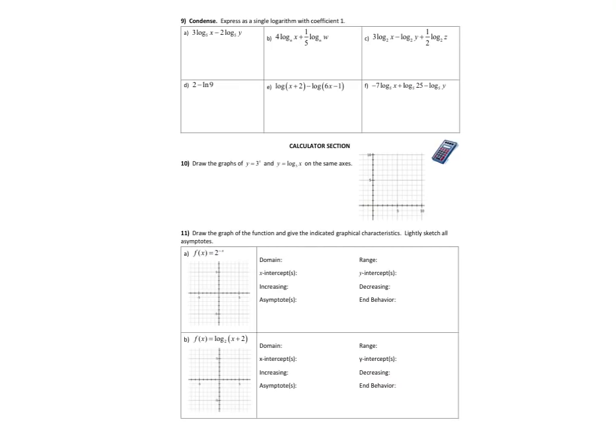And now some condensed problems. Remember that expand and condense are opposite processes. So the answers that you got for the questions in problem number 8 on the previous page for the expand problems are going to look like the questions in condense.